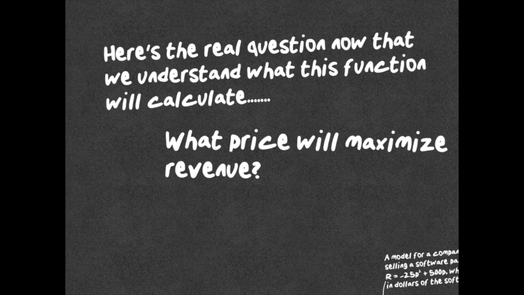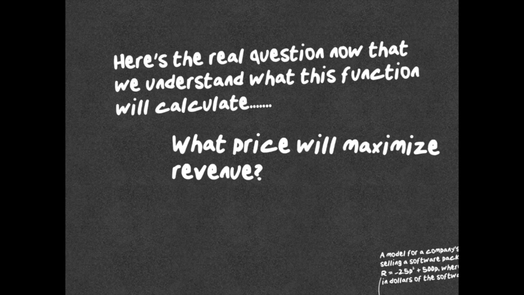With this function, there are other types of questions that we can ask. One of them would be: what price will maximize the revenue? So we have a function, and now we want to know what's going to maximize it. Maximize is the key word.